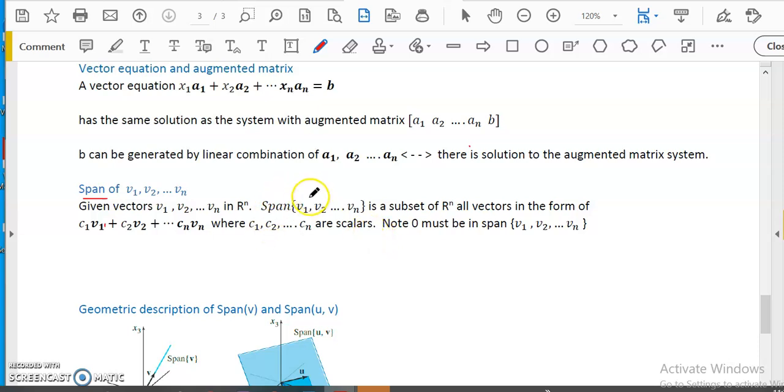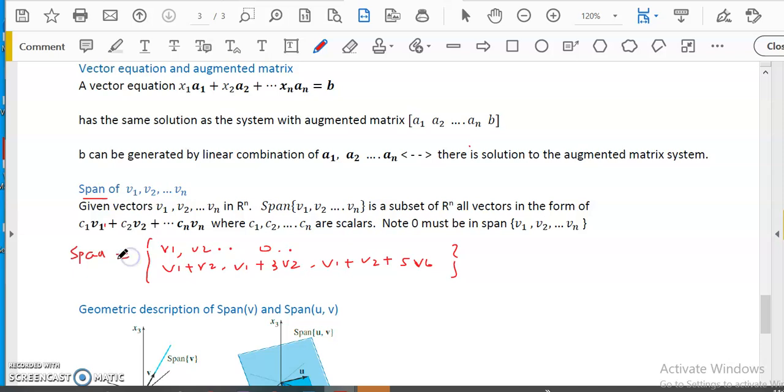This is a set that contains a lot of vectors: v1, v2, 0, v1 plus v2, v1 plus 3v2, v1 plus v2 plus 5v3, all the linear combinations. This set is called the span.